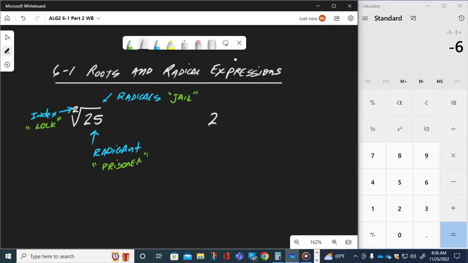But if you analyze 25, when you do prime factorization, you are going to notice that 5 times 5 is equal to 25, and 5 is a prime number. Therefore, 25 is equal to 5 times 5, and 5 times 5 is also equal to 5 to the power of 2.